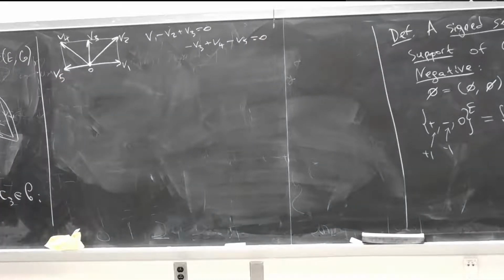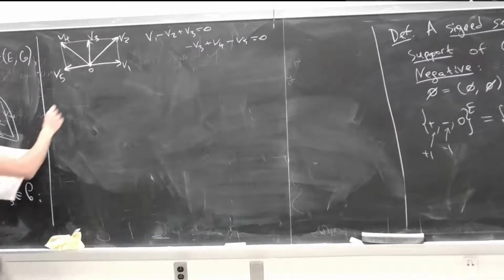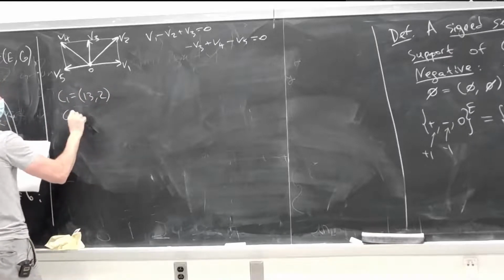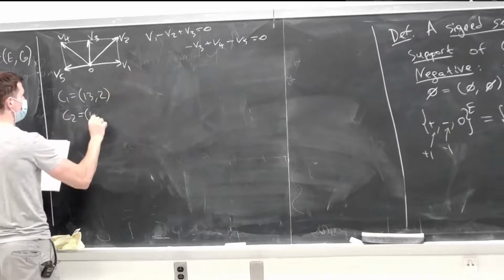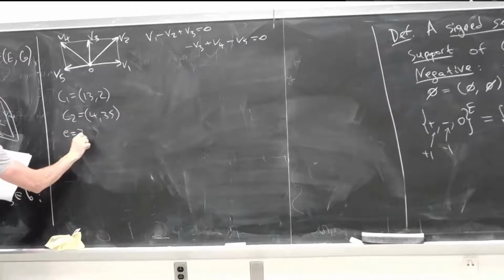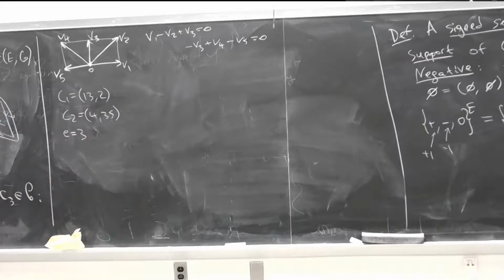So in the context of this axiom, C1 is 1, 3, 2, and C2 is 4, 3, 5, and E is equal to 3. You see that E appears in these two circuits with different signs. Okay, now what do I do? How do I find C3 from these?